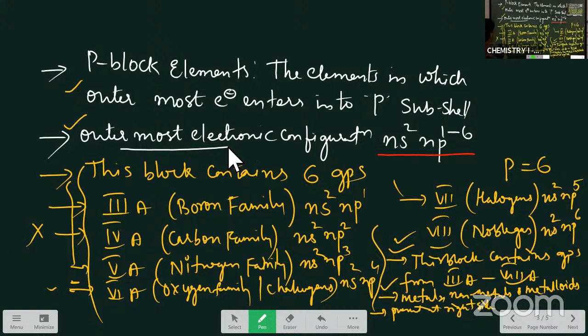If you want to write about each and every group you can, otherwise you can write that this block contains 6 groups, from 3A to 8A. What is the nature of the elements in this block? They are metals, non-metals and metalloids. It is present at the extreme right side of the periodic table.